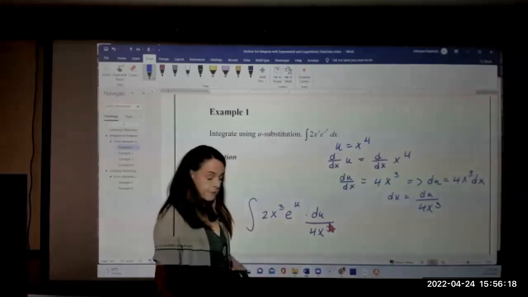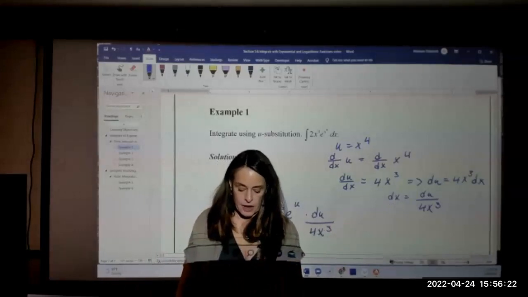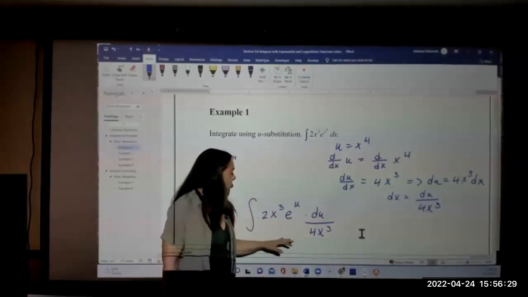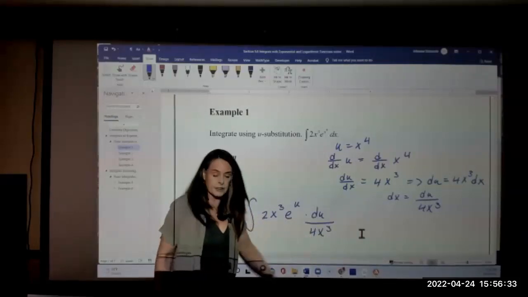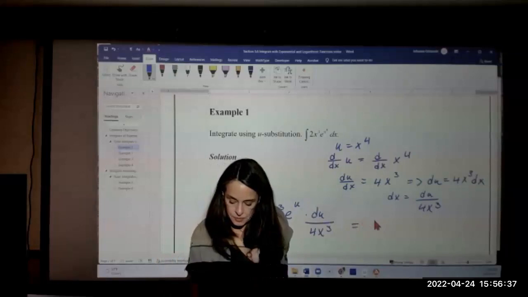Now we've got a 4x cubed here in the denominator, and we've got a 2x cubed here in the numerator. The x cubed is going to cancel the x cubed, and the 2 over 4 will leave us with 1/2. So we end up with the integral of 1/2 e to the u du.